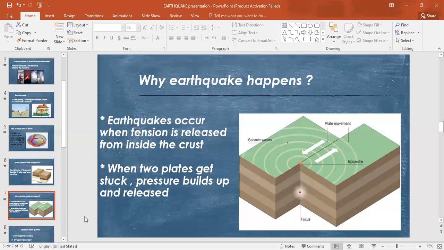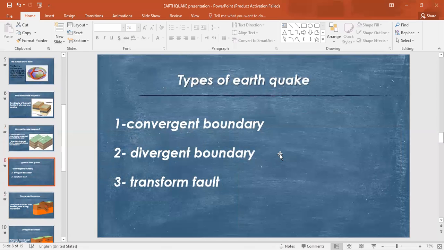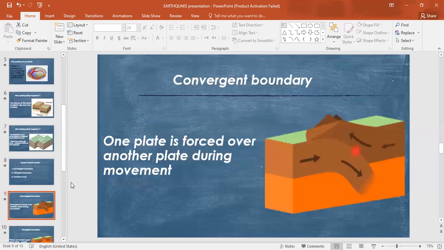So let's learn about the types of earthquake. Earthquakes can be classified in three main forms, and this classification is dependent on the plate movements. The first type of earthquake is called convergent boundary, while the second one is called divergent boundary, and the last one is called transform fault. So let's see our first type, which is convergent boundary.